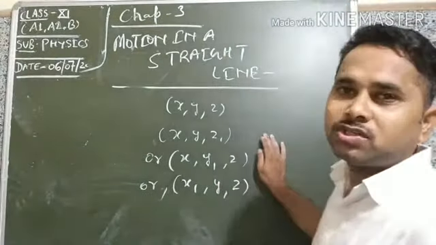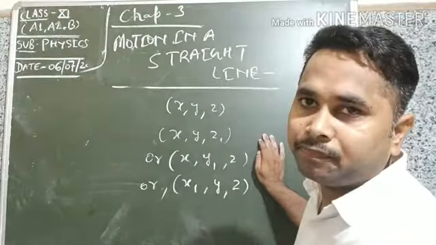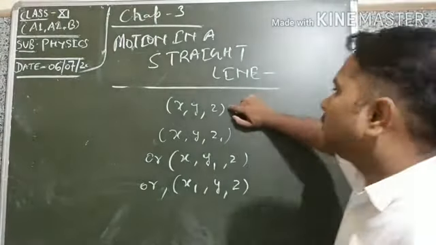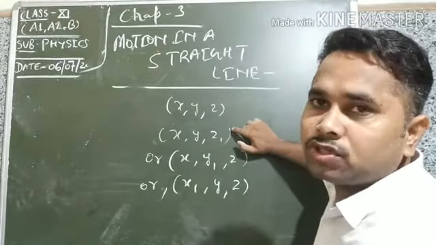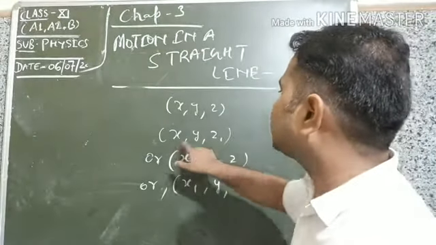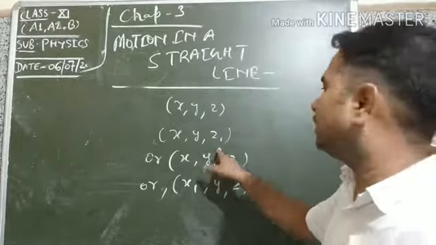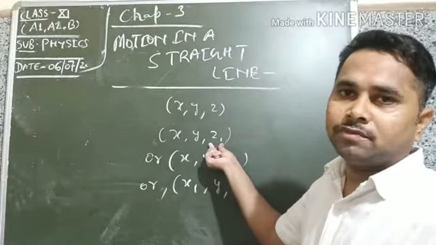Then the motion is called motion in a straight line. See here what happens. The original position is x, y, z, and the new position is x, y, z1, which means there is a change in one dimension only.